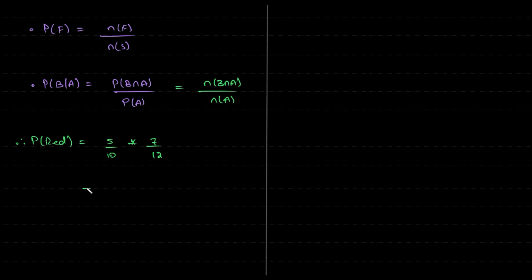And then we have 5 by 10 again, probability of choosing a black. And in that space, out of 12 possible events, we have 5 events which are red. So this is a simple set of calculations. So this is 1 by 2, 7 by 24, 5 by 24. So 12 by 24 is what you will get. So overall, 50% chance that the second draw will have an outcome of red.